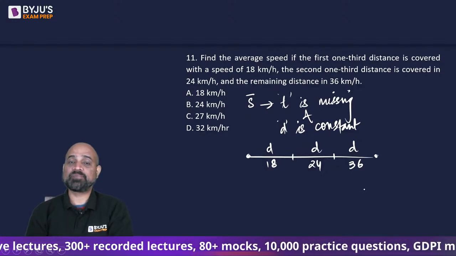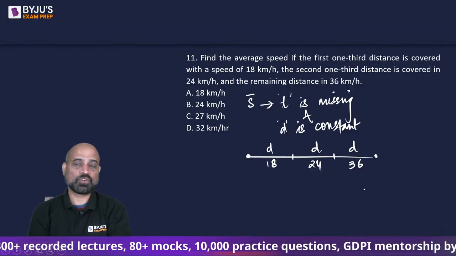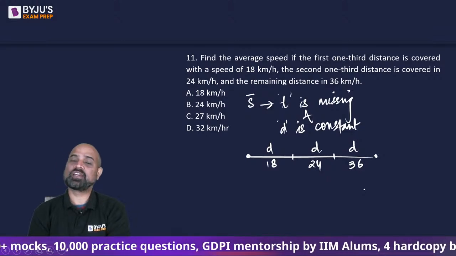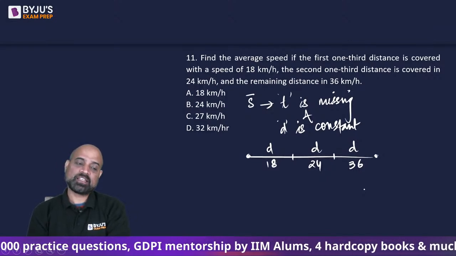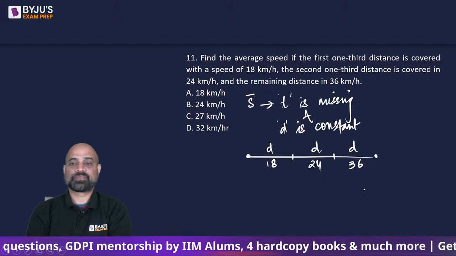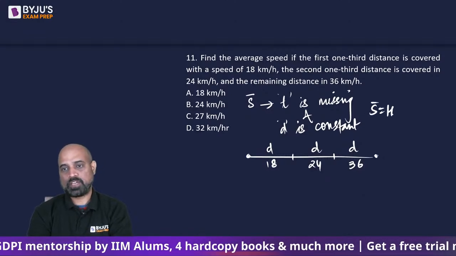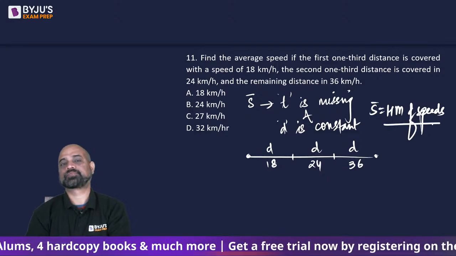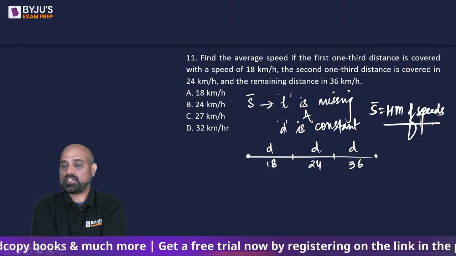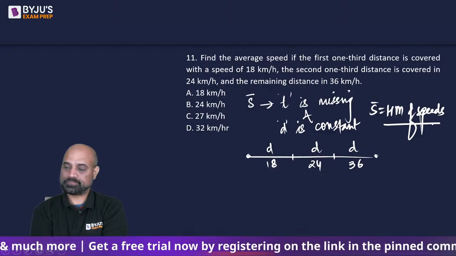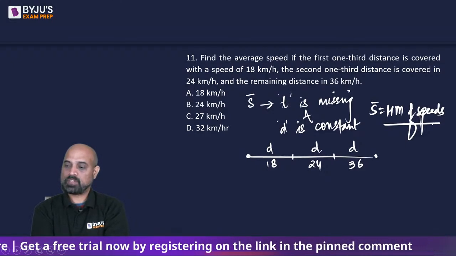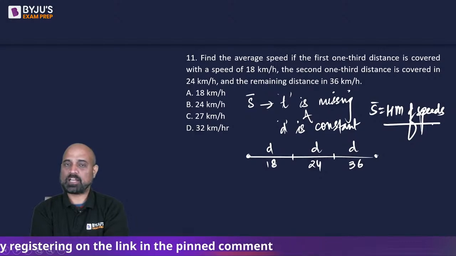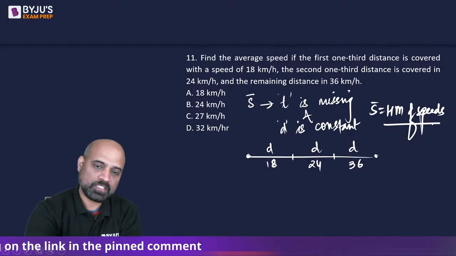डिस्टेंस अगर सेम है आपके पास और अगर टाइम कांस्टेंट, सॉरी, इफ टाइम इज मिसिंग एंड डिस्टेंस इज कांस्टेंट, then average speed is given as harmonic mean of speeds. ठीक है, so we have to calculate harmonic mean of 18, 24 and 36.